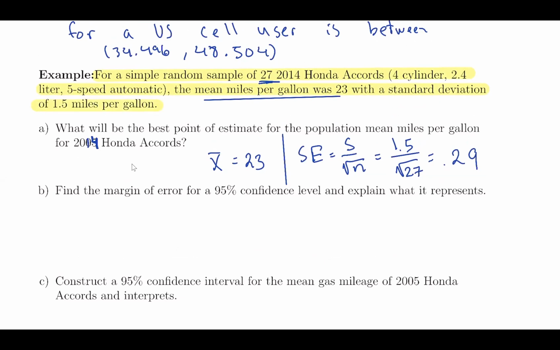If that sentence has a sample, like right here they tell us this is a sample of 27, then anything they give us in this sentence is going to be a sample mean or a sample standard deviation. Here's the mean, so this mean comes from this sample. Here's the standard deviation, so that standard deviation comes from the sample.